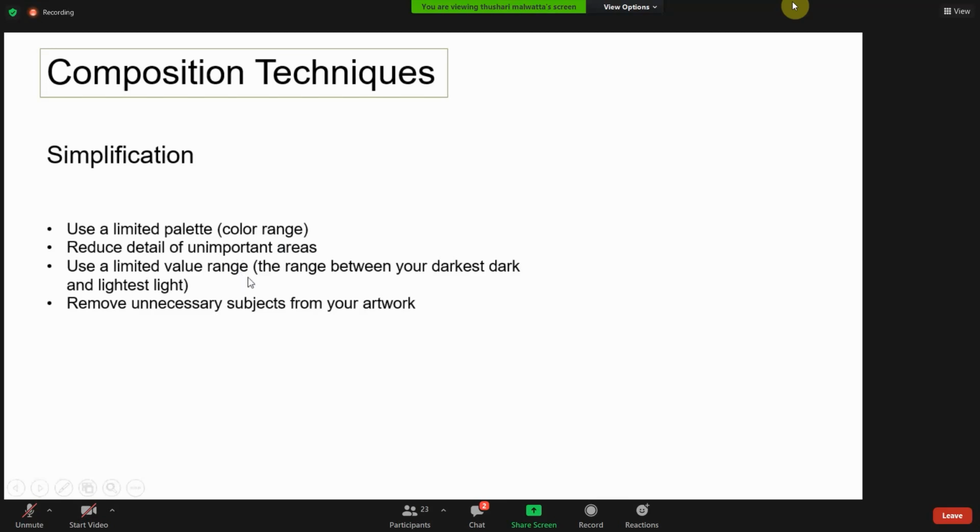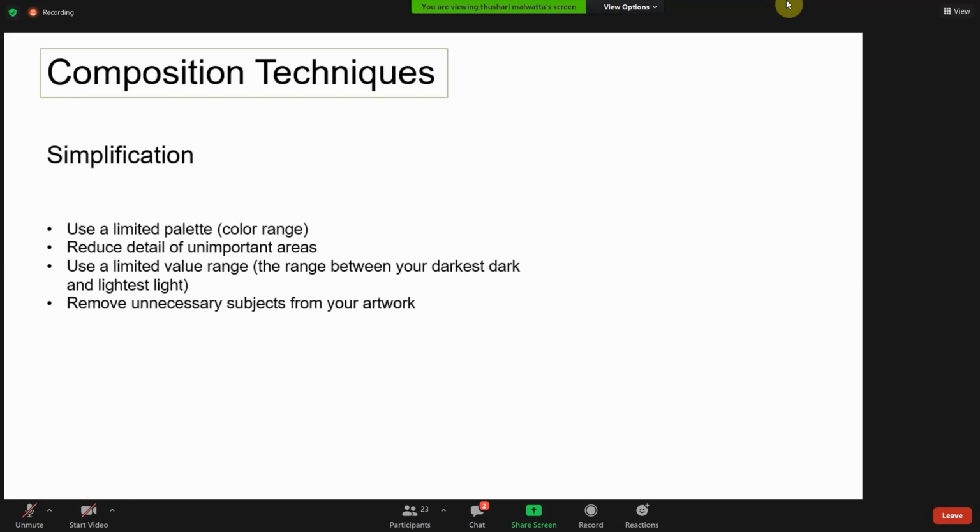Use limited value range, the range between your darkest dark and lightest light. I didn't mention this as a design element previously. Value is, but I explained it verbally. Balance value is the range between light and dark.